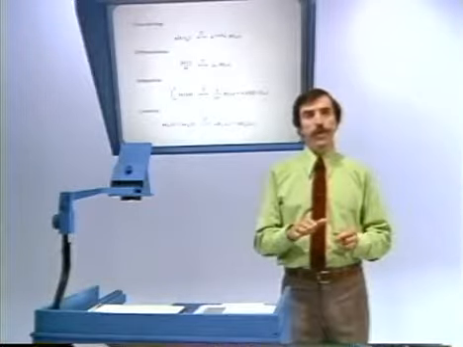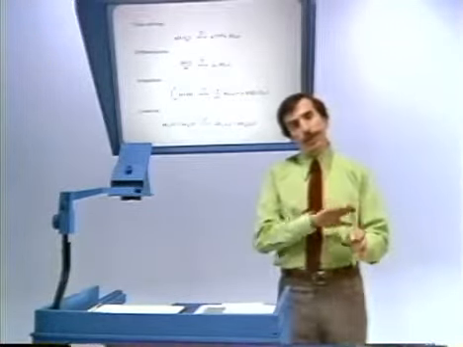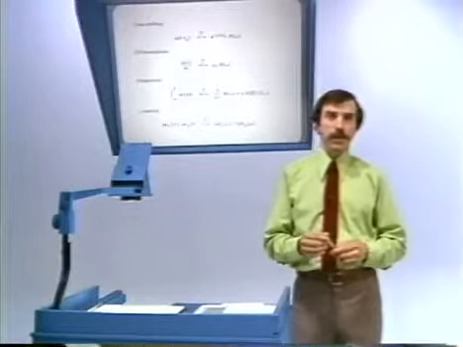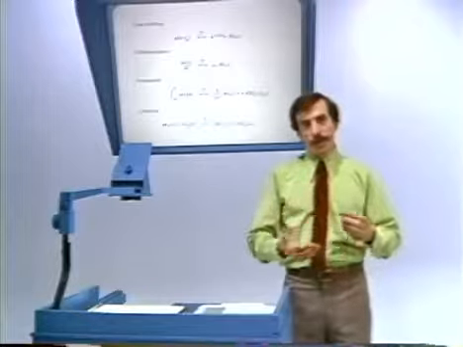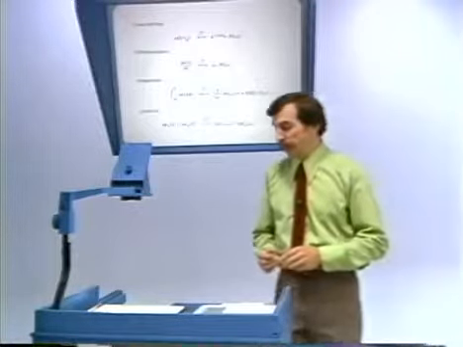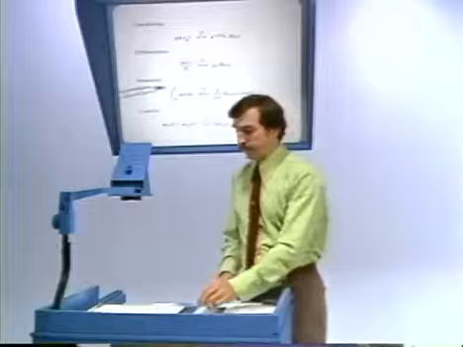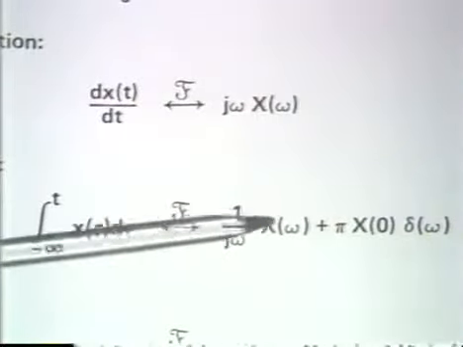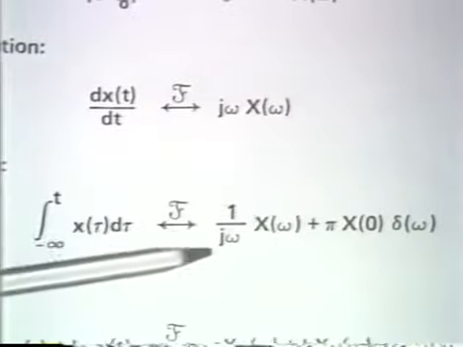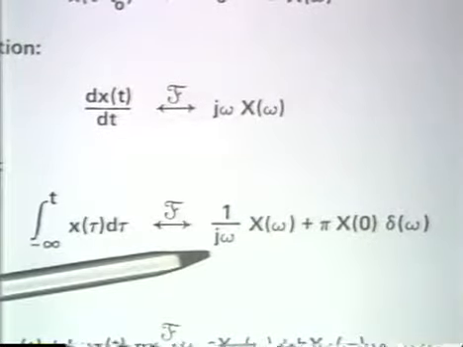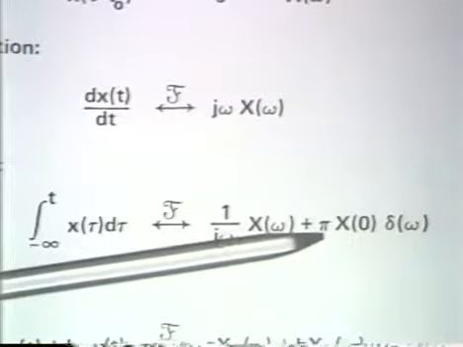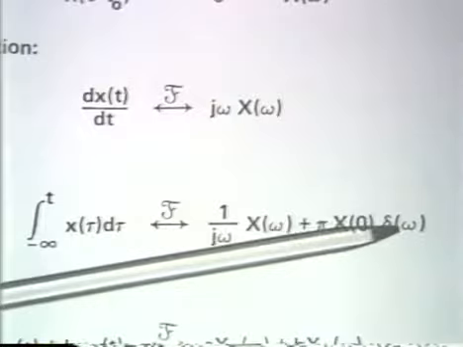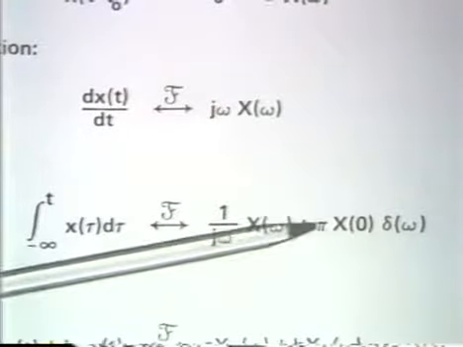If we have a time function that's some finite energy signal plus a constant, differentiating will destroy the constant, and the integration property, in essence, tries to bring that back. So the integration property, which is the inverse of the differentiation property, says that we divide the transform by j omega, and then if, in fact, there was a constant added to x of t, we have to account for that by inserting an impulse into the Fourier transform.